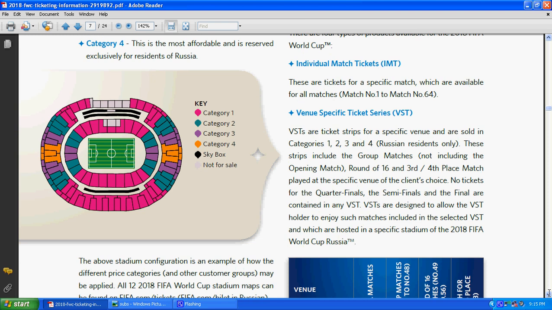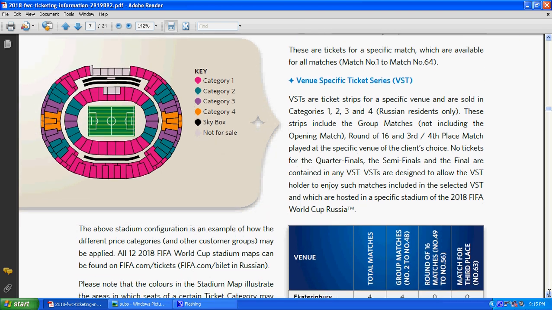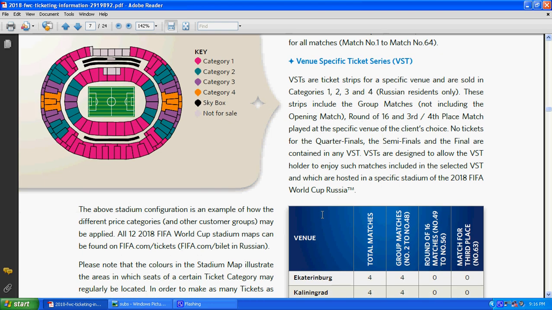Then the next type is the venue specific tickets. There will be multiple venues for the FIFA World Cup, right? So if you choose one venue and you want to buy all the tickets for that venue, then you could do that. Okay, so there was a condition that the venue specific tickets were sold to the Russian citizens only.